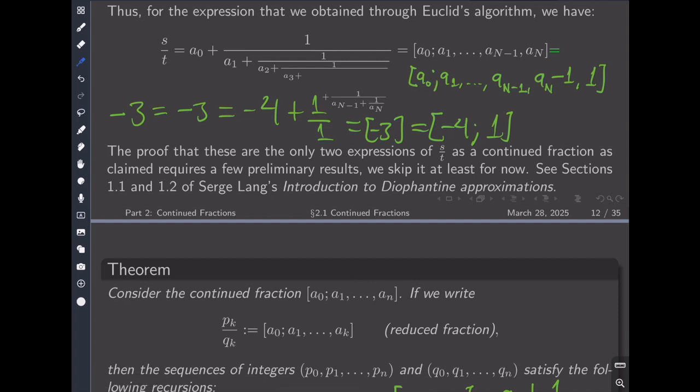Even for pi, for example, we know it starts with 3, but you need to prove it. You see some answers on Stack Overflow or Math Overflow: how can I compute the continued fraction of an arbitrary number?